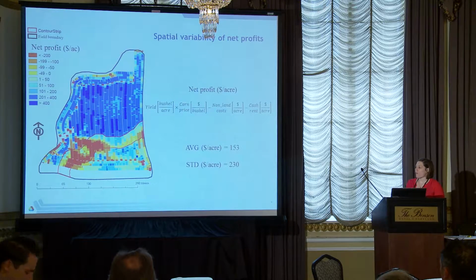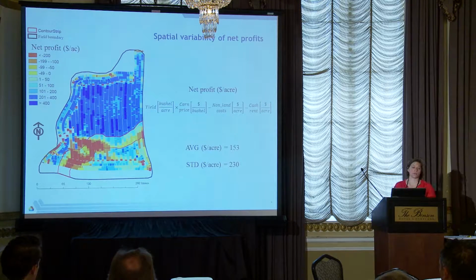So one of the main questions is, why do farmers continue to plant in these underproductive lands? The main reason is crop insurance. And then you have high variability in corn prices. That masks these submarginal areas.